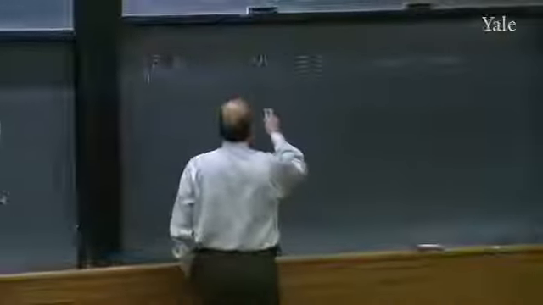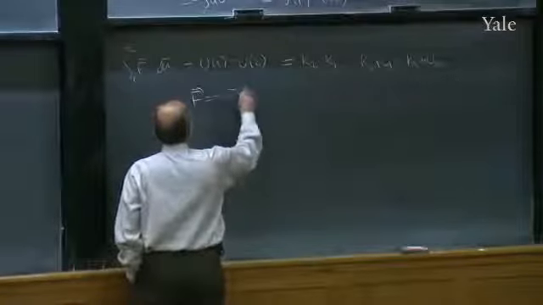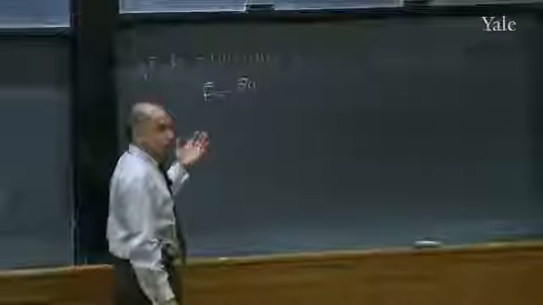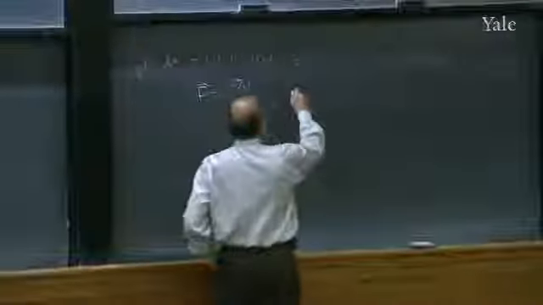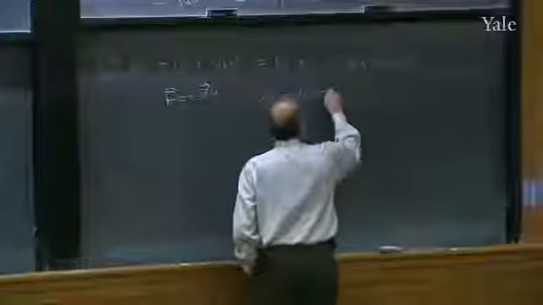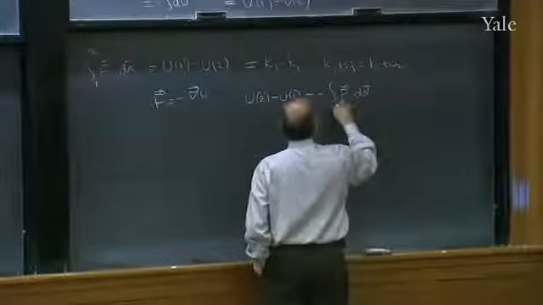So we can say it as follows. F is equal to minus the gradient of U. The gradient is a combination of i times the x derivative and j times the y derivative. And U at 2 minus U at 1 is minus the integral of F dot dr from 1 to 2.